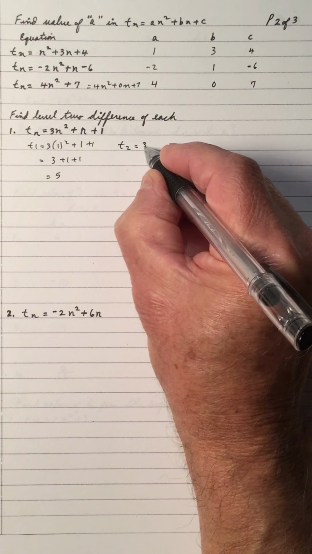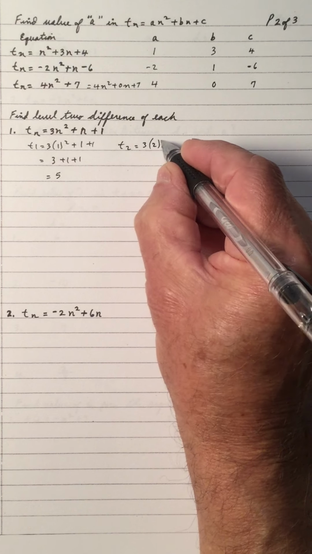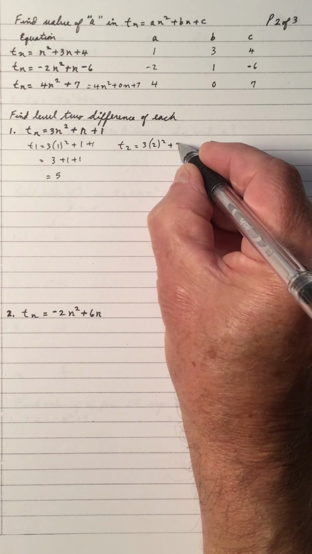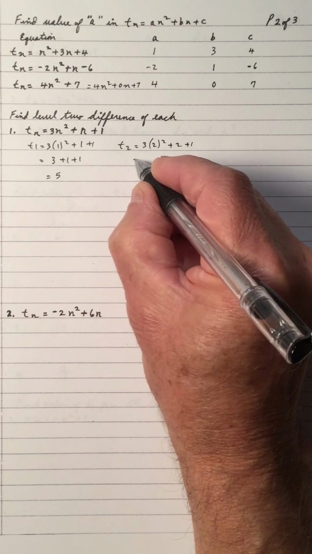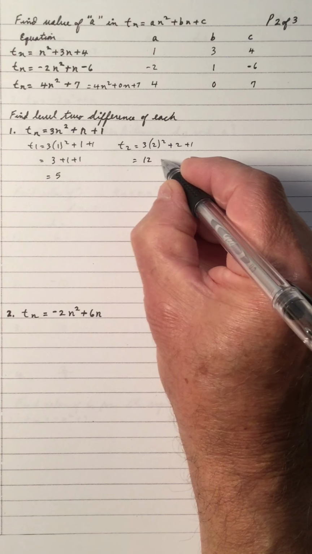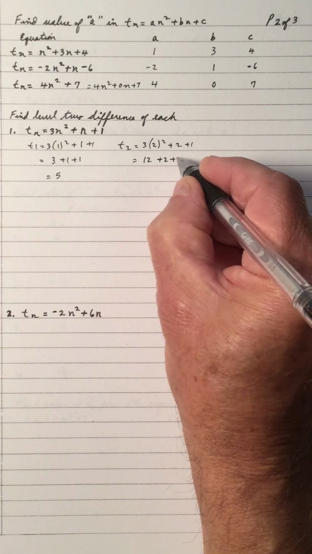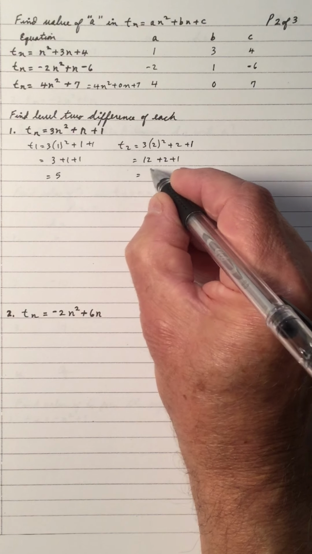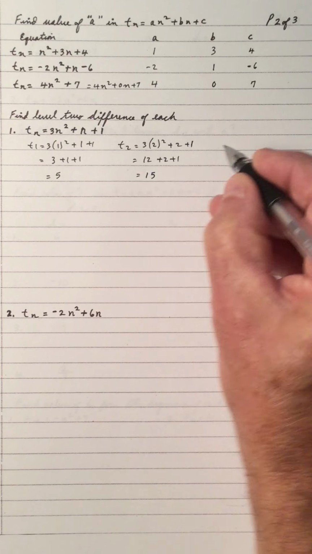So let's work out T2. T2 is term 2, so n is 2. We square first to get 4. 3 4s are 12, plus 2 plus 1. So that's 14, so that's 15.